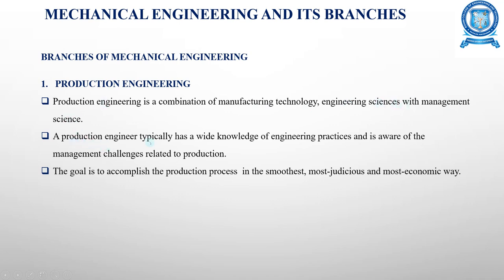And a production engineer typically has a wide knowledge of engineering practices and is aware of management challenges related to production. And the goal is to accomplish the production process in the smoothest, most judicious, and most economic way.